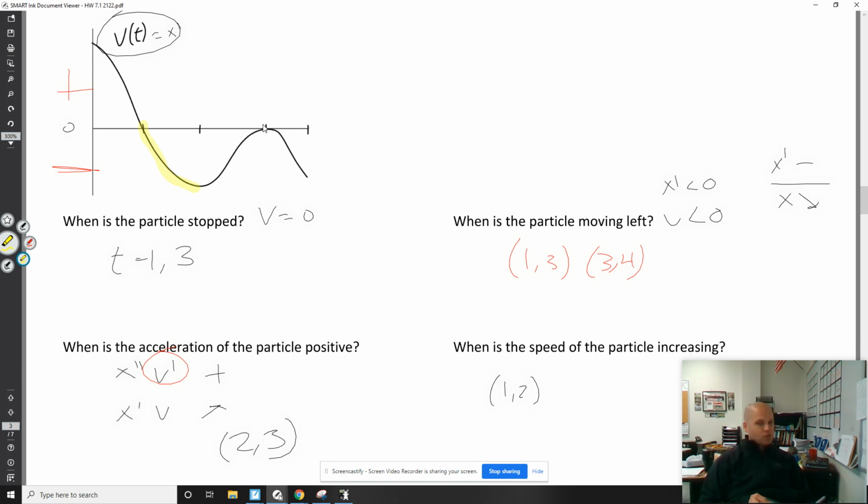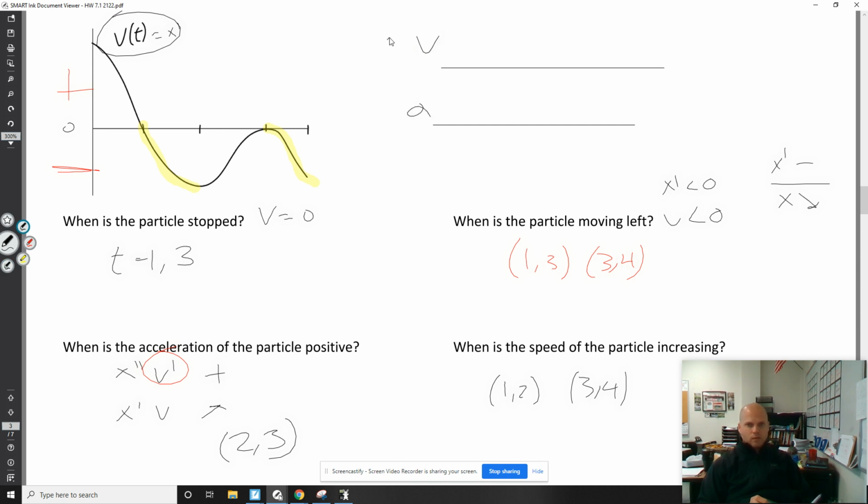I'm slowing down. I'm still traveling to the left. I'm slowing down though. I've stopped. Instead of changing directions, I decide to keep going to the left. -1, -2, -3, -4. Oh, okay. I'm speeding up there too. -3 to 4.